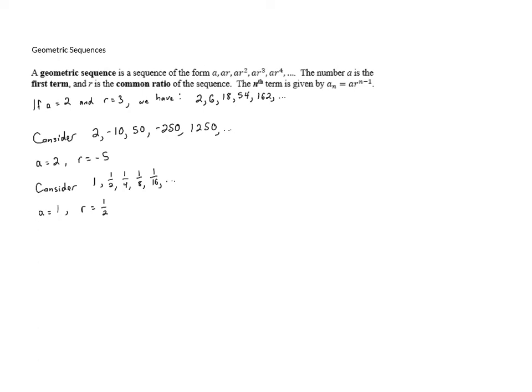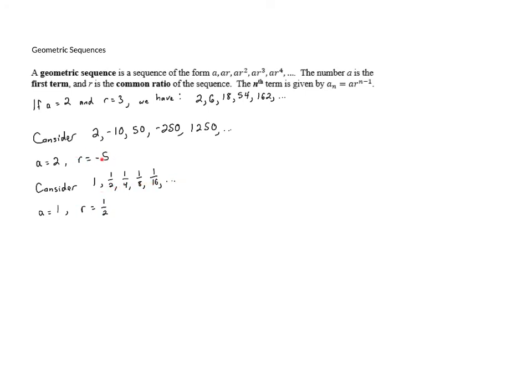So we can have different things that happen with a geometric sequence depending on what the common ratio is. If the common ratio is larger than 1, we generally have numbers that are getting very large very quickly. If it's between 0 and 1, we've got numbers that are getting smaller very quickly.